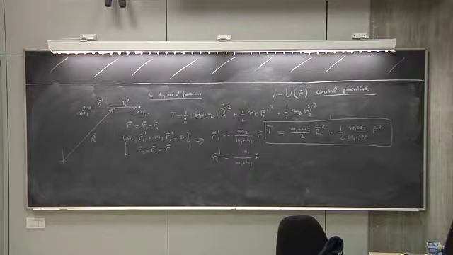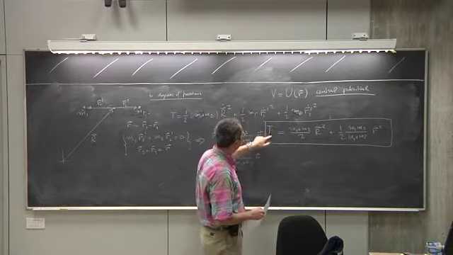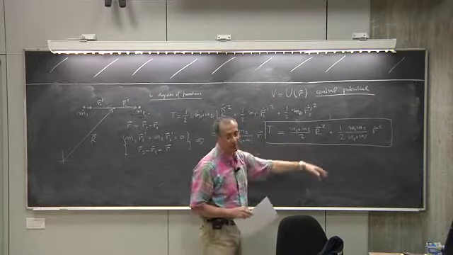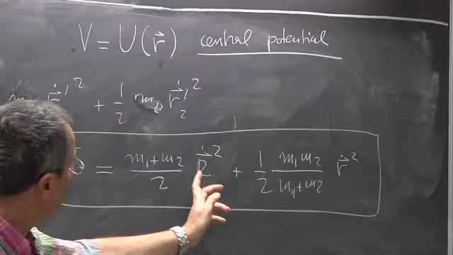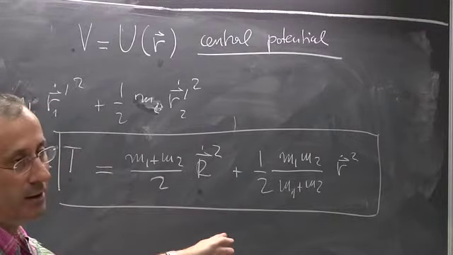And there is another nice feature, because you see, now the Lagrangian is this minus this, and again I ask myself, and I ask you, is there an explicit dependence on big R?